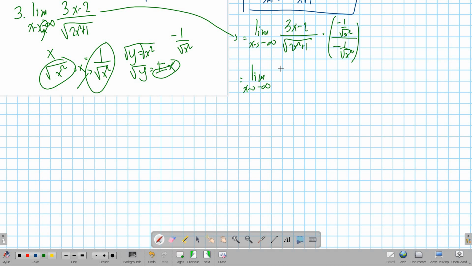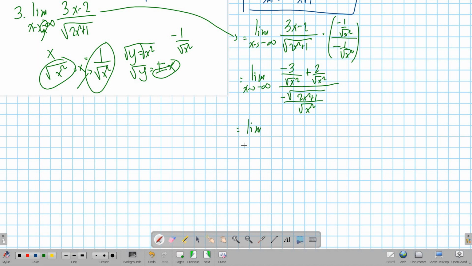This will then be equal to the limit as x approaches negative infinity of: we multiply, this becomes negative 3x over the square root of x squared plus 2 over the square root of x squared, all over negative the square root of (2x^2 + 1) over the square root of x squared. Now, applying our algebra here, we can simplify.